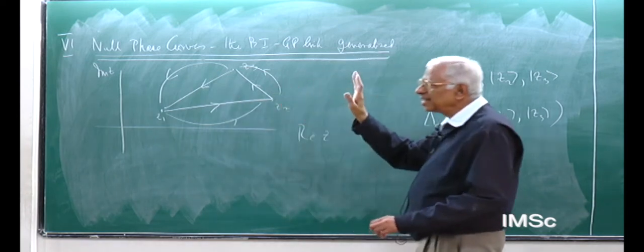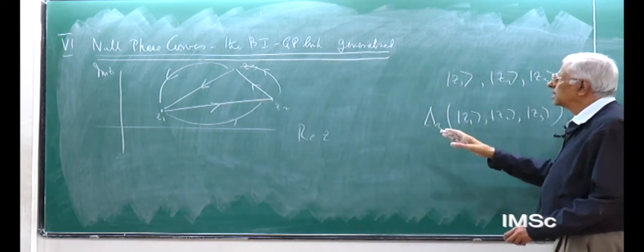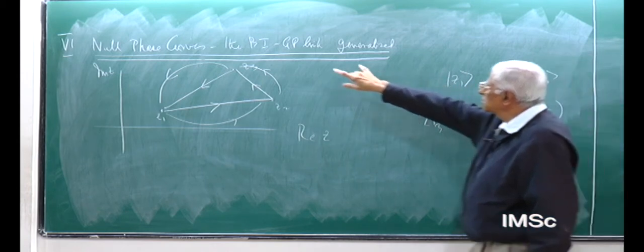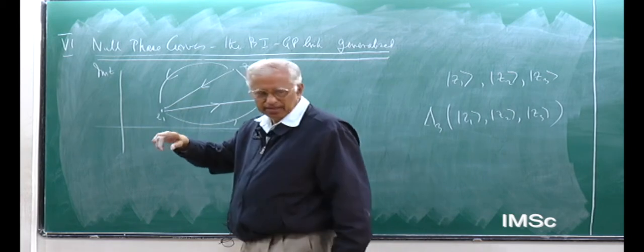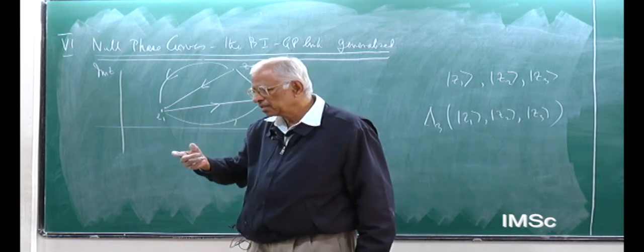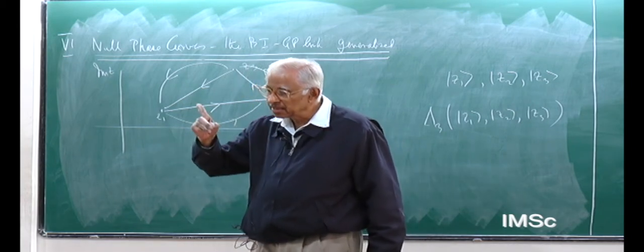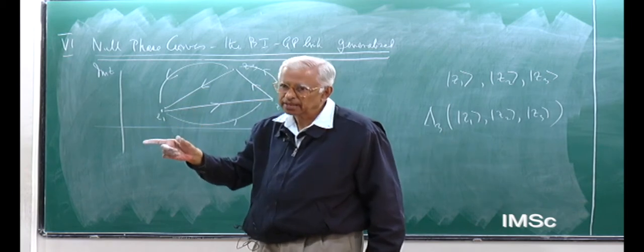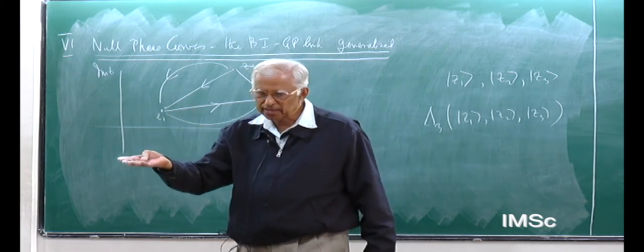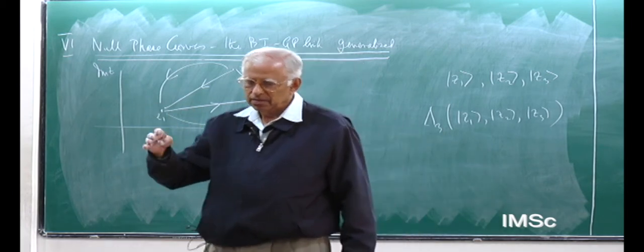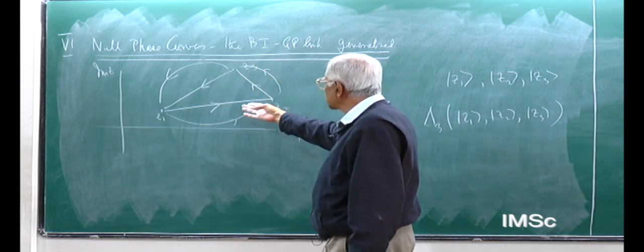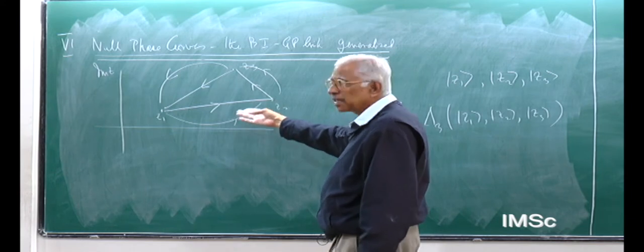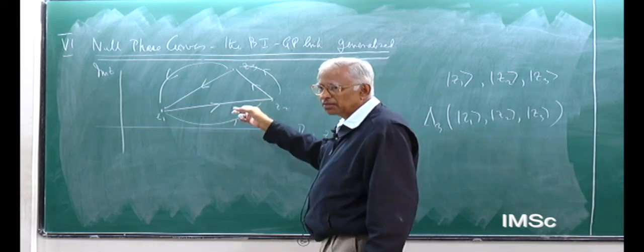So this is an indication that the connection between these two objects, Bargmann invariants and geometric phases, has more richness to it. There is not just a single way in which the two can be connected. We have found a connection via the use of geodesics. These people have shown by explicit calculation there's another way to connect them in this example.